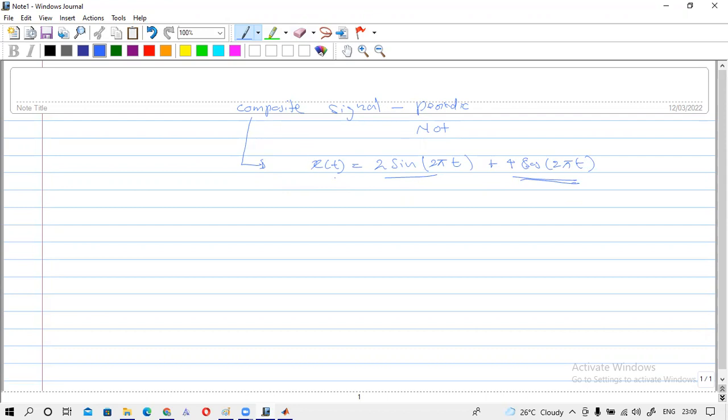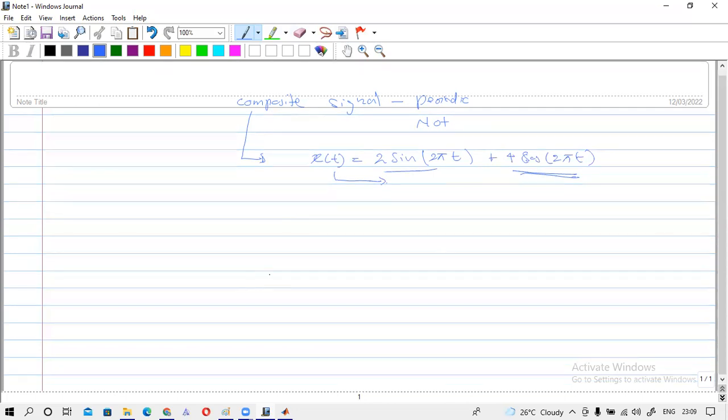This x(t) is normally referred to as a composite signal. We already know this. Today we will try to determine whether any given composite signal is a periodic or aperiodic signal.